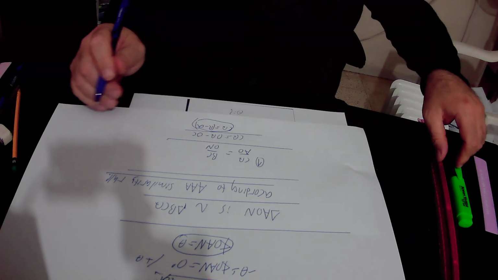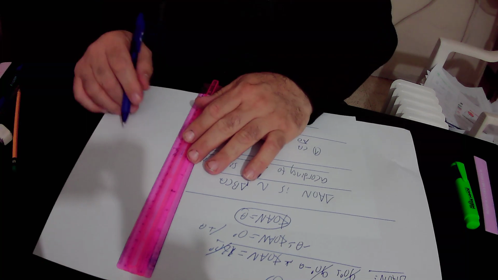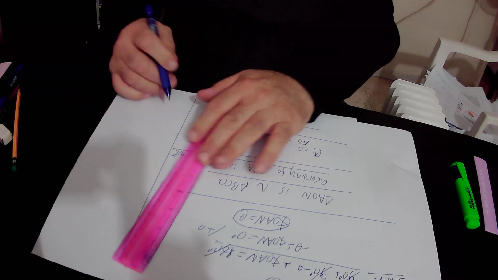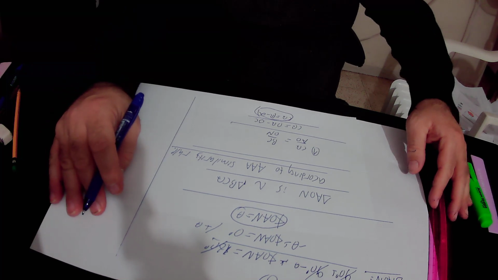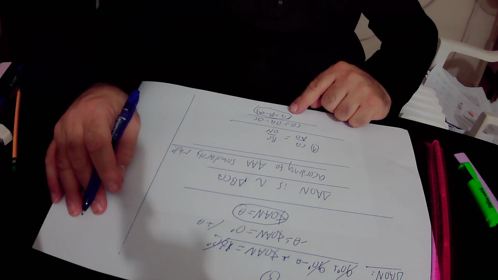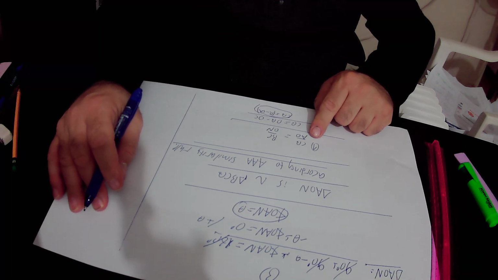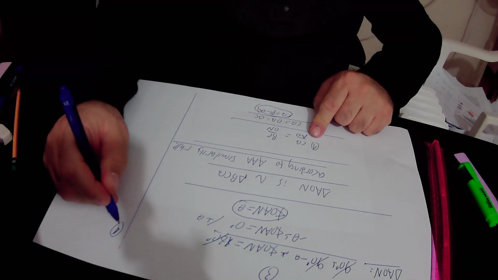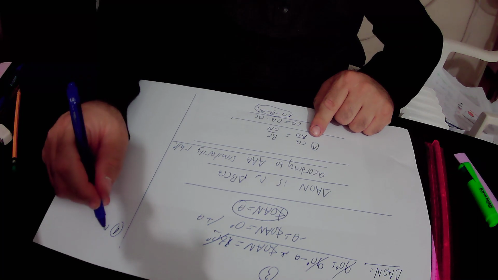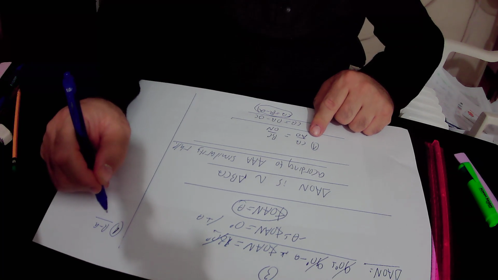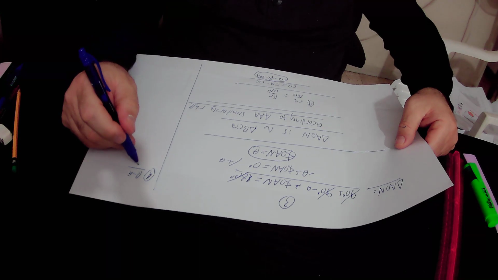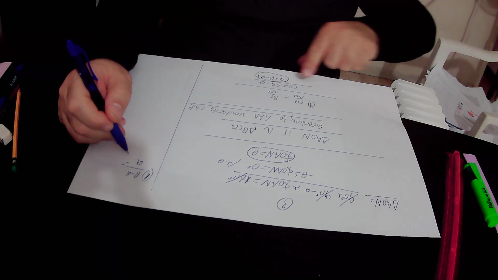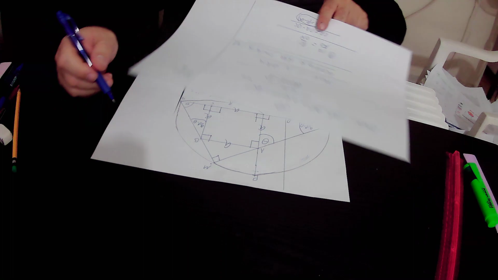We will substitute CQ in equation number 1 by R minus A, and we get that according to equation number 1, CQ is equal to R minus A over AO. AO is also equal to A, and according to equation number 1, it is equal to BC over ON.